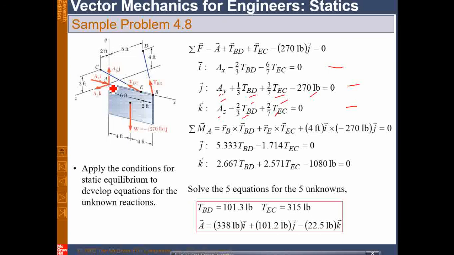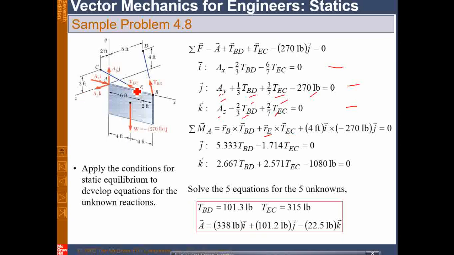Moment, remember, will be produced along I, J and K. Take the summation of moments of all the forces along I, J, K. So TBD will produce a moment along this at A. So TBD times the position vector RB. RB position vector is already obtained. And then the RE position vector. RE will go from here to here. So this will be RE times TEC.